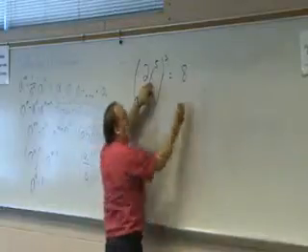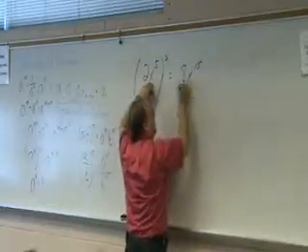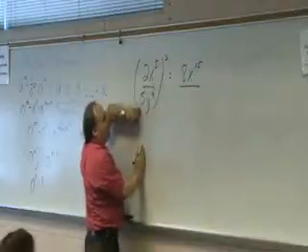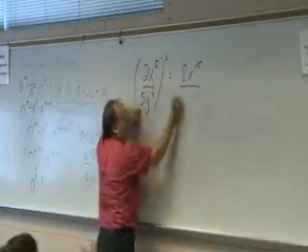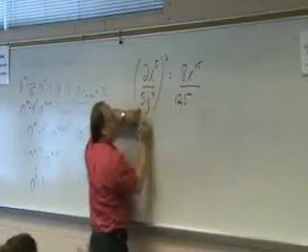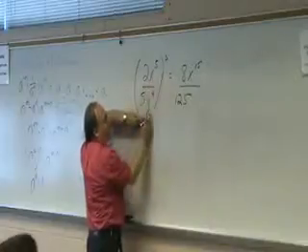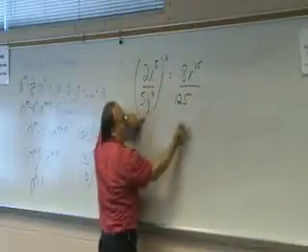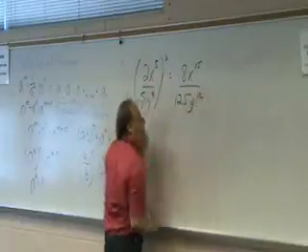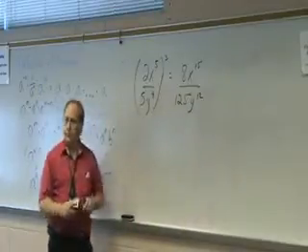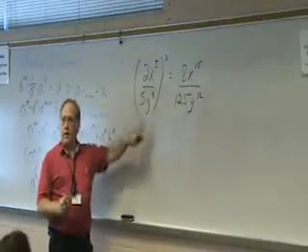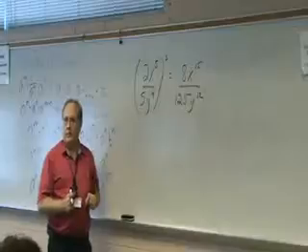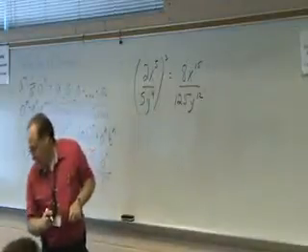So that would be x to the 15th. Thank you, 125, because that's 5 times 5 times 5, and this would be y to the 12th. Okay, that's not too bad, is it? No. Okay, so let's see.